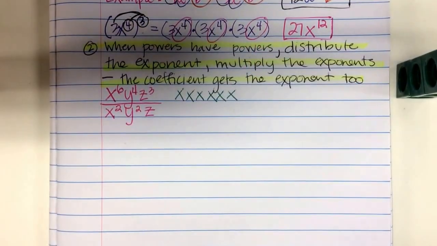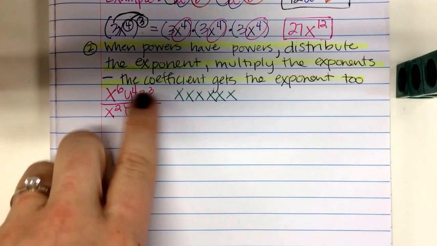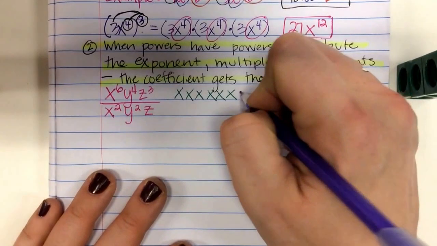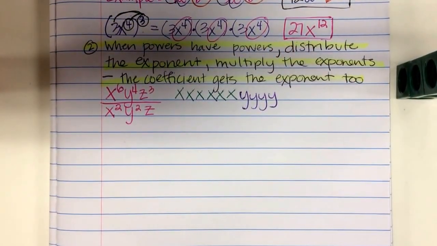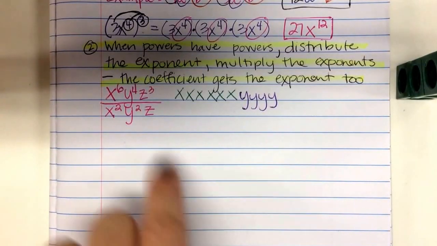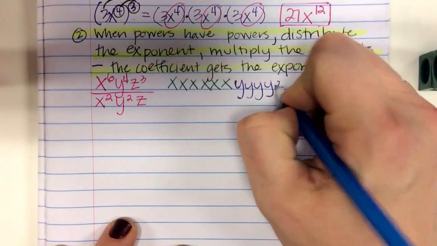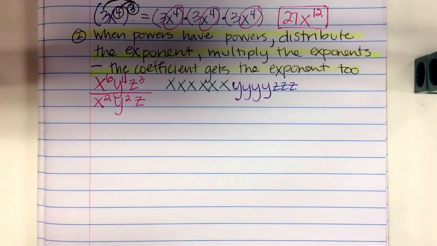X, X, X, X, X, X. How do you write out y to the fourth? Y, Y, Y, Y. How do you write out z to the third? Z, Z, Z. That's the numerator.